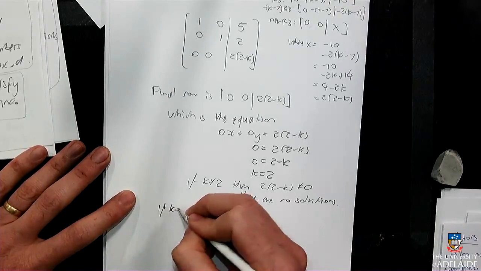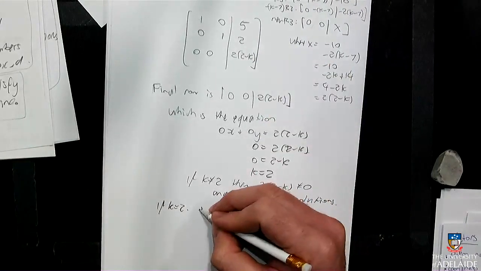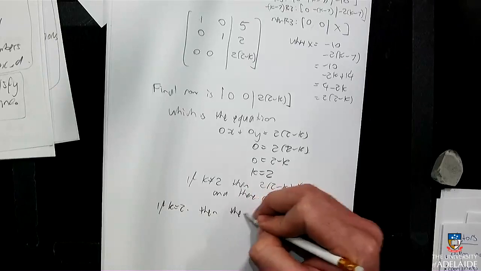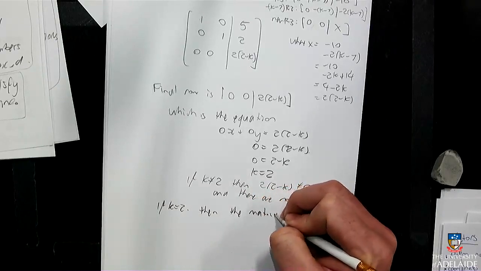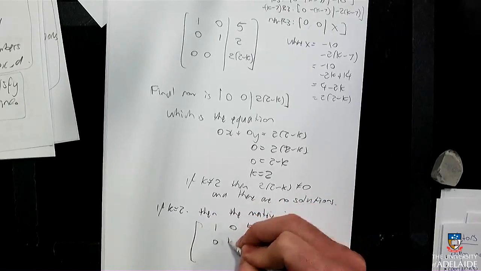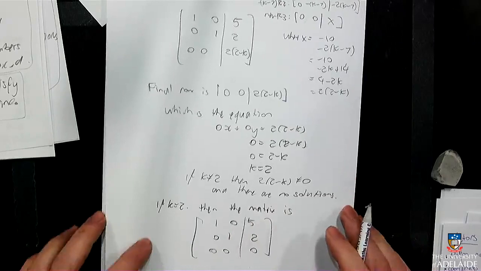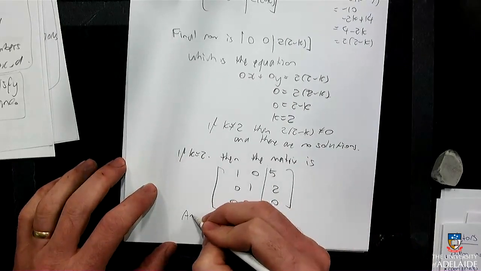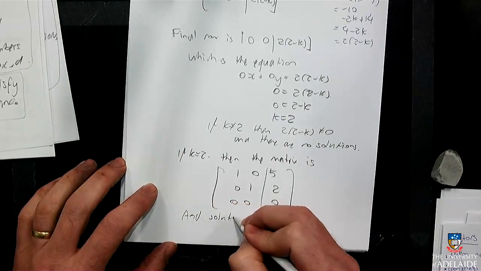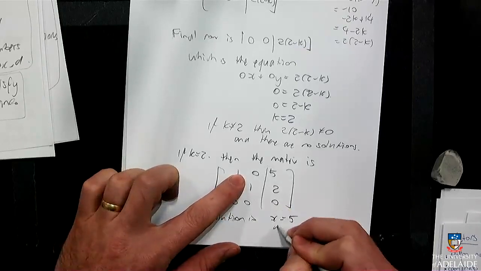But if k is equal to 2, then the matrix is 1, 0, 5, 0, 1, 2, 0, 0, 0. And the solution is that x has to be 5 and y has to be 2.